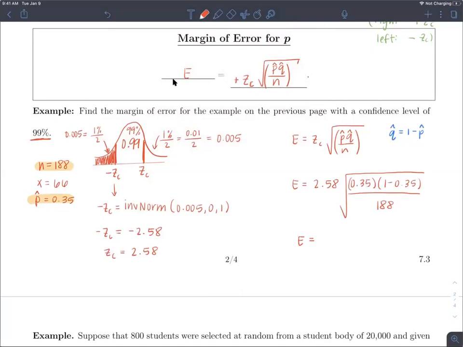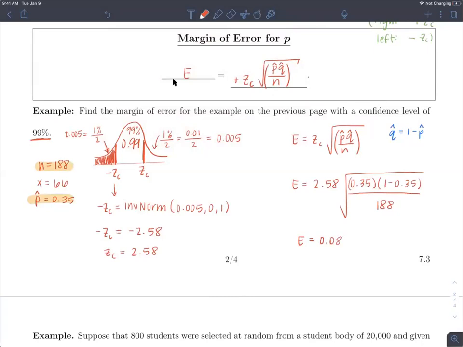Okay, anyway. 2.58 times the square root of 0.35 times 1 minus 0.35, which is 0.65, and then divided by 188. Oh, I have a syntax error somewhere. Probably didn't close all my parentheses. Okay, so you should get 0.08, actually 0.09.